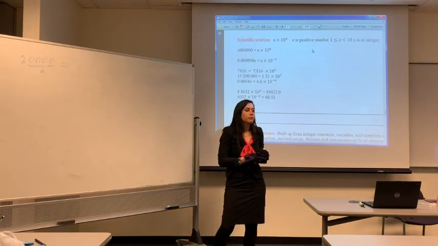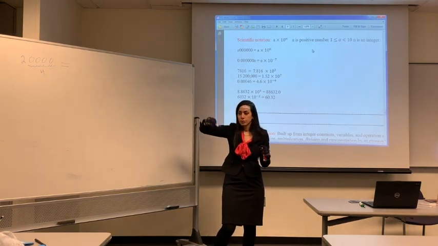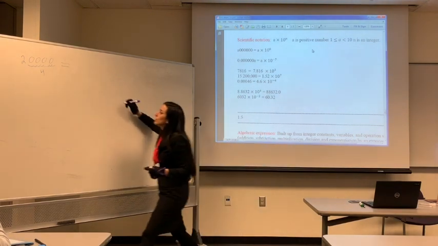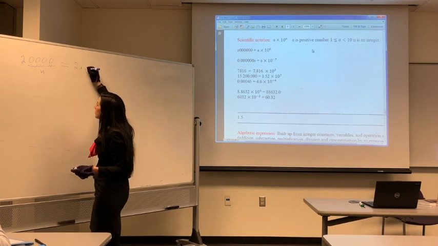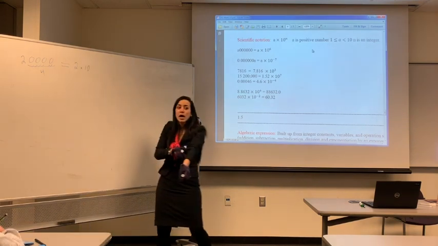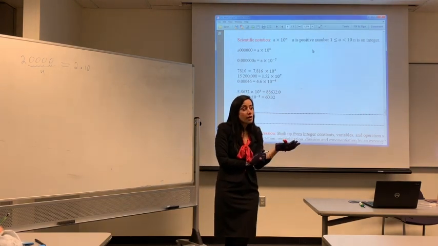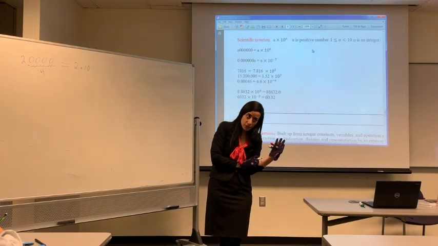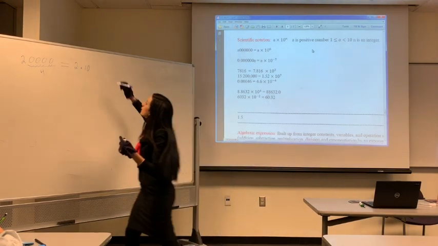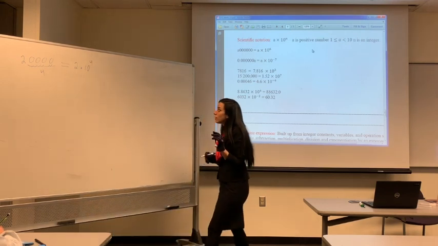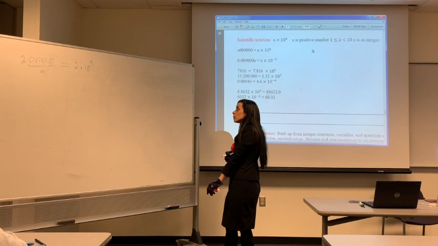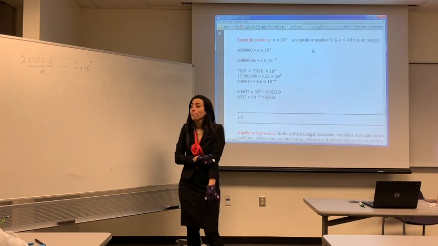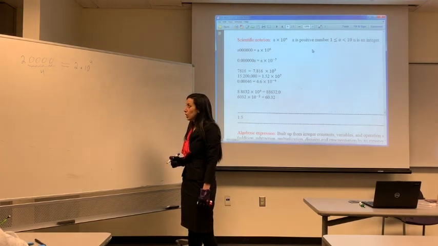I want to get rid of as many of these numbers as I can, and I can get rid of them using scientific notation. So you will keep 2, multiply this by 10, and the power of 10 will be the number of digits you have after 2. How many digits do you have after 2? 4. It will be 2 times 10 power 4.